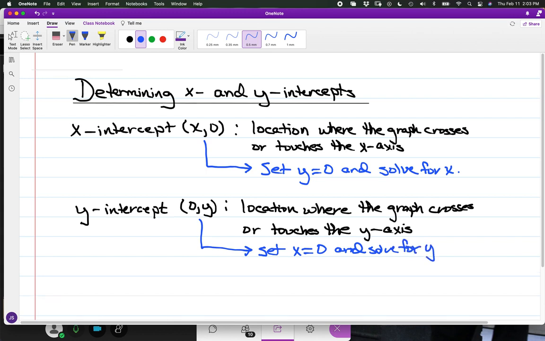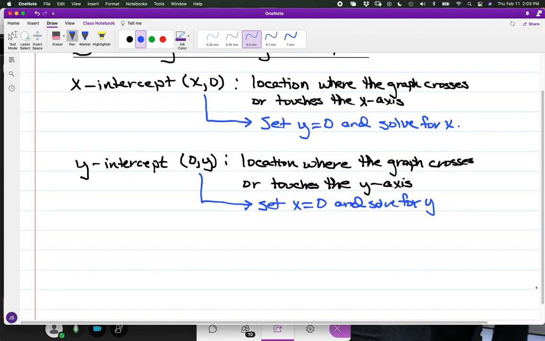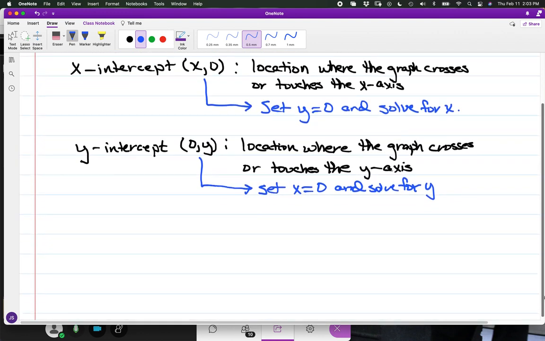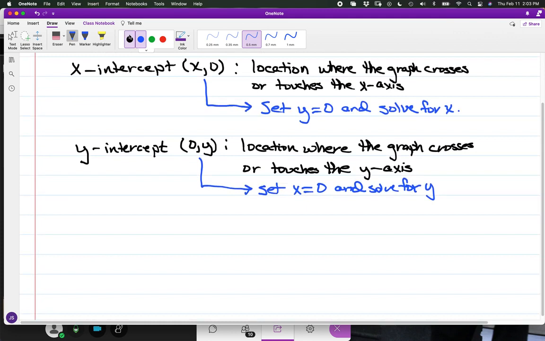This will apply for all equations in the xy coordinate system, regardless of whether the equations are linear or not. Let me give you a quick intro.